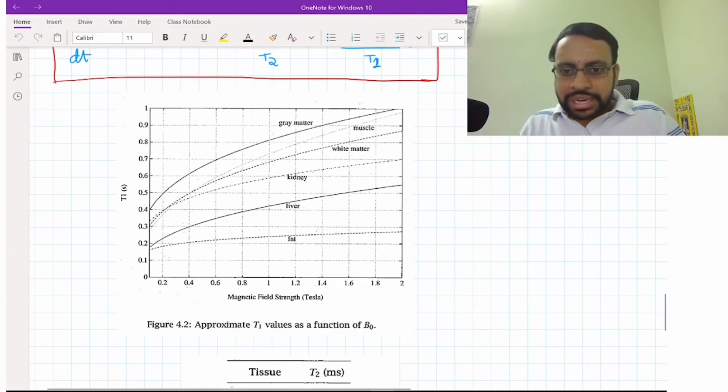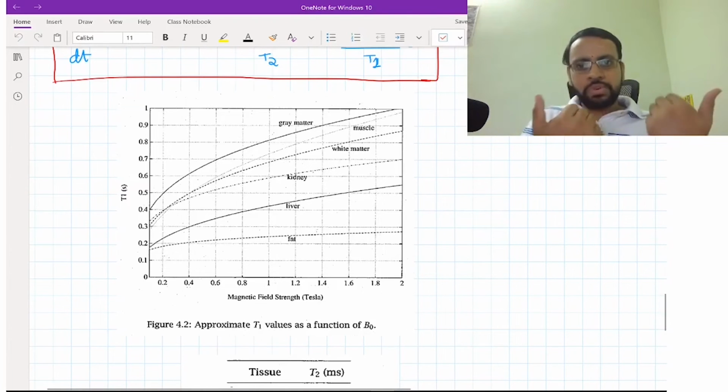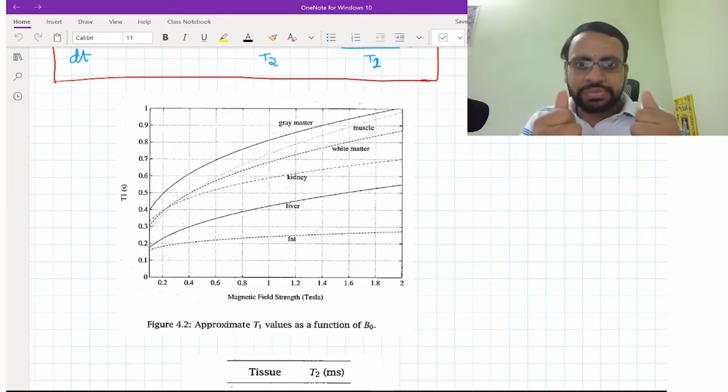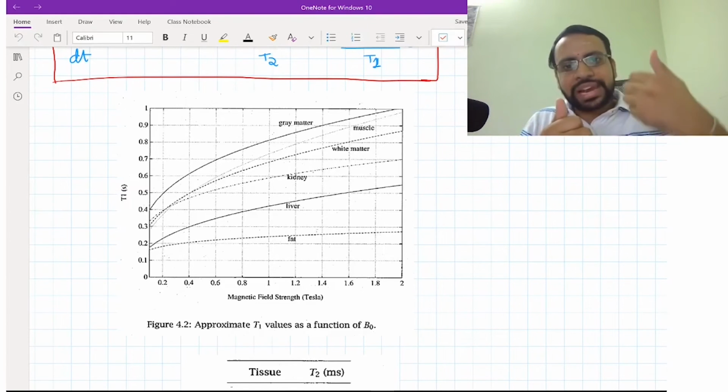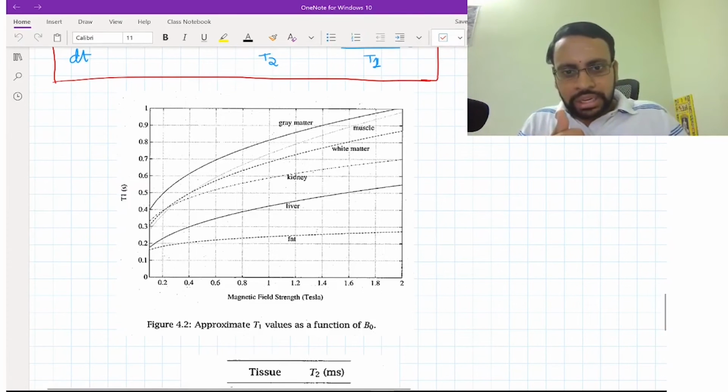You could see here, let's say at 1 Tesla, as you are increasing the magnetic field, the magnitude of the energy transactions that has to happen is larger, so the relaxation time keeps on increasing. You could make a similar interpretation about the proton densities of various tissues.